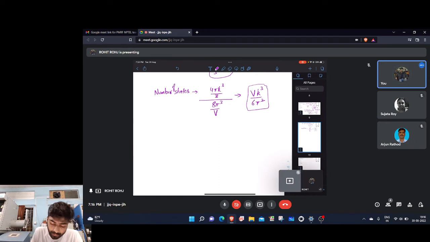But electrons have spin, and every state can accommodate 2 electrons, so we have to have twice the number of states.